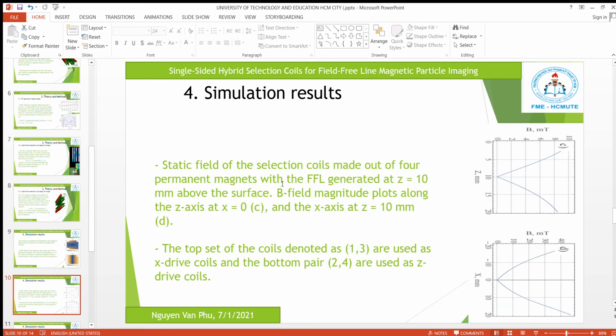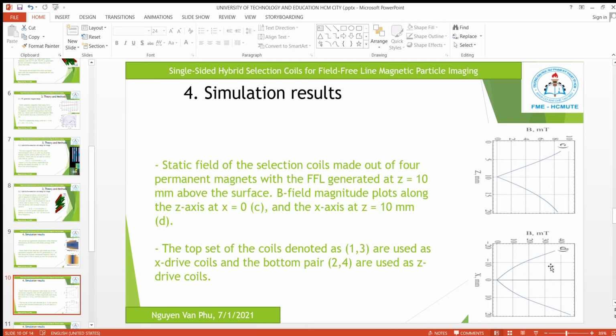The selection coil is made out of 4 permanent magnets with the FFL generated at z equal 10 millimeters above the surface. B-field magnitude plots along the z-axis at x equals 0 and along the x-axis at z equal 10 millimeters.